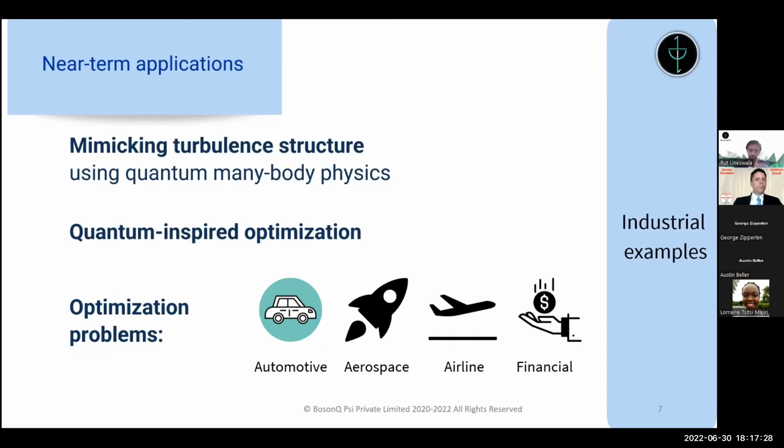And from financial, we have market simulation, performing Monte Carlo based simulations, or portfolio optimization, where you have a bunch of companies in your portfolio that you want to invest in, and you want to essentially create a risk benefit analysis to do that.